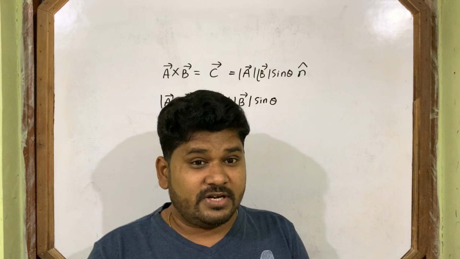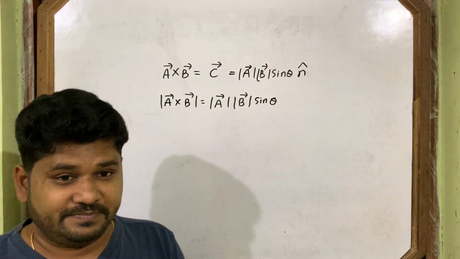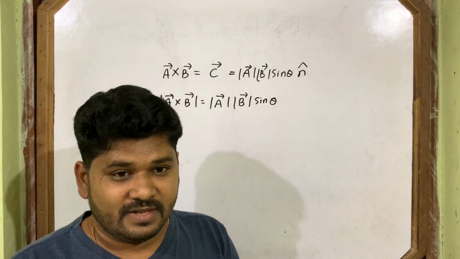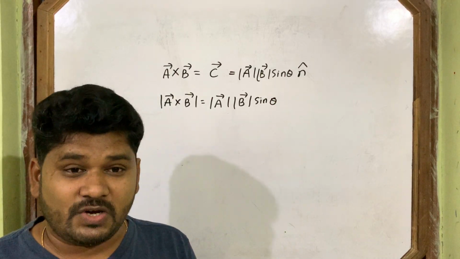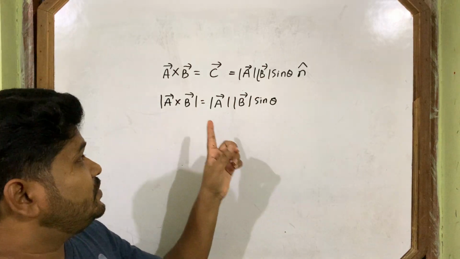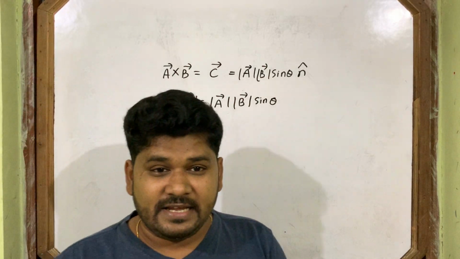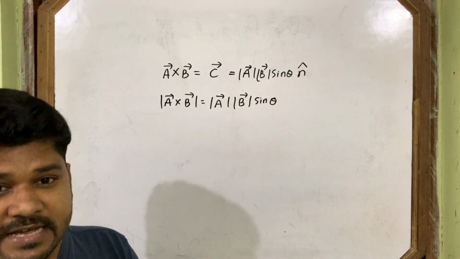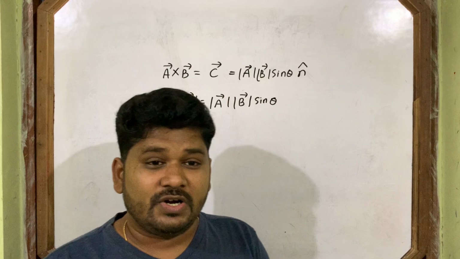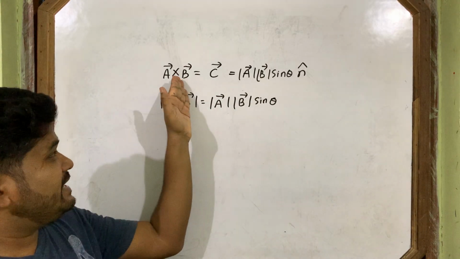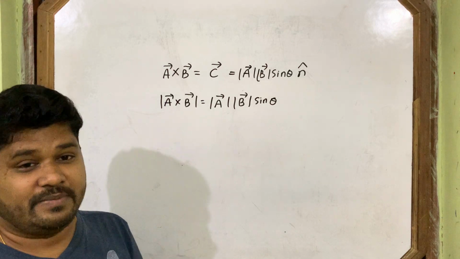But where is the direction of that result vector? Where is the direction of the C vector? The C vector is always perpendicular to the plane containing the A vector and B vector.